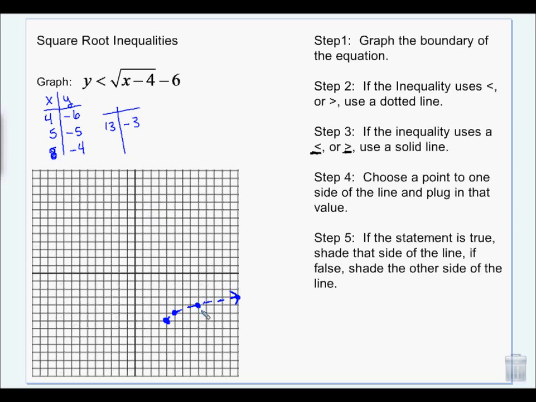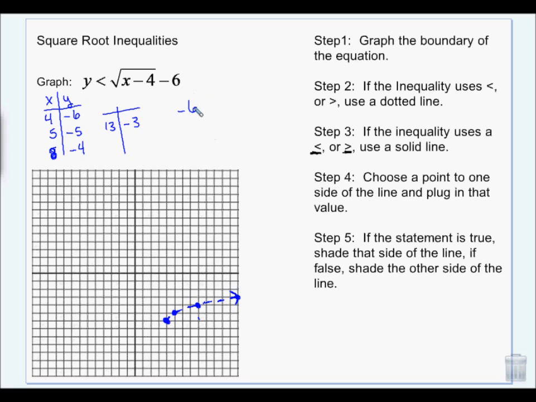Now, less than logically is going to be probably right here, right? Less than is down. But we want to pick a number and plug it in just to be safe. So I'm going to pick some x and y. So I go here, maybe instead of 8, negative 4, I pick 8, negative 6. That would be this point right there.